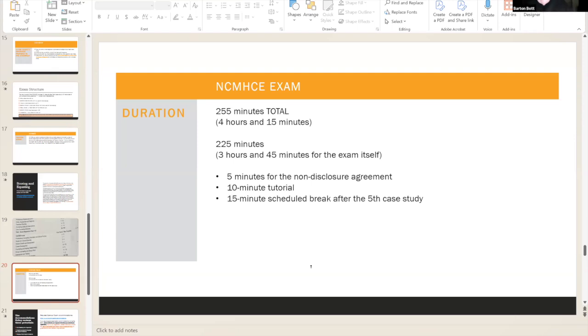Now, does that mean you can't take another break if you really got to go bad? No, you could, but the clock's not going to stop. So you have to really gauge your time, and kind of stay on track, right? Because there have been many people that have reported they didn't finish the exam because there is a lot of reading in these three different sections within the narrative, and then all the questions.